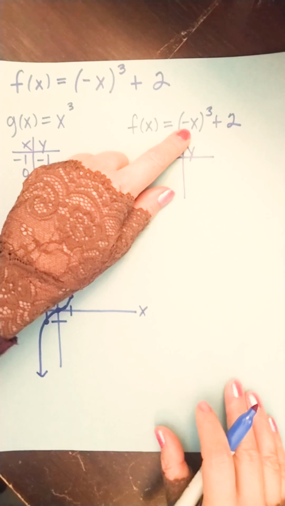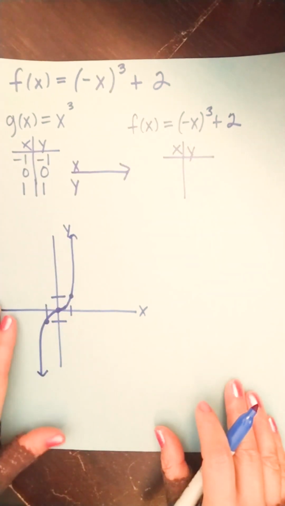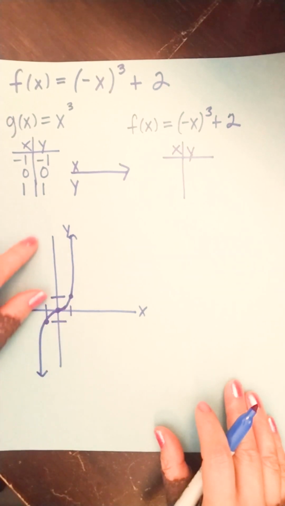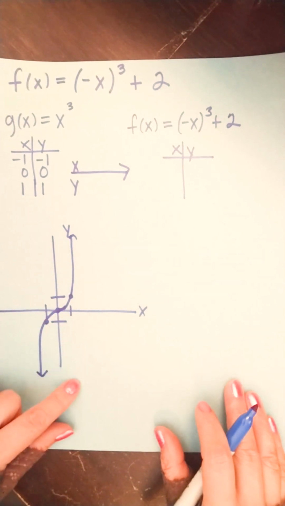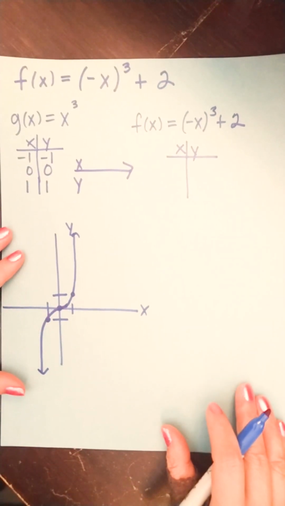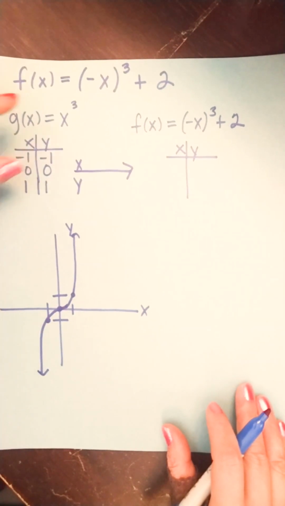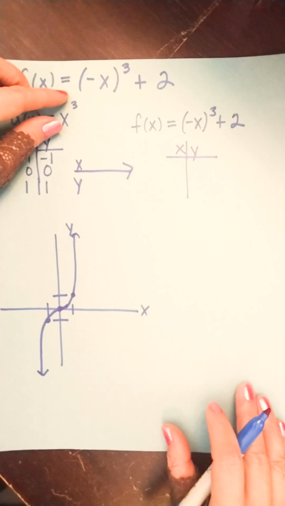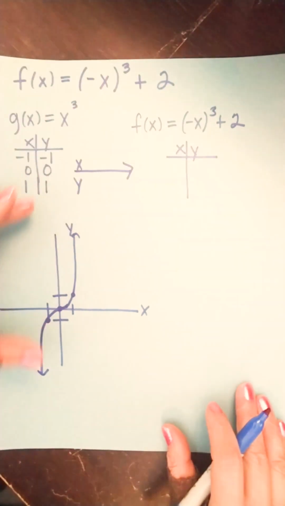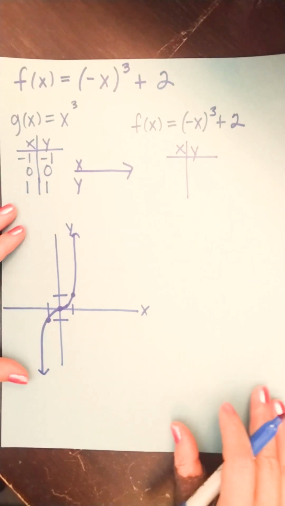So again, that is a horizontal reflection. So it goes like that. So this is going to go here, and this is going to go here. So it's going to point up here and down this way. And we are also doing, if we look at our y, so this y to this y, we're shifting it up 2 units. We're going to take it and go up 2.